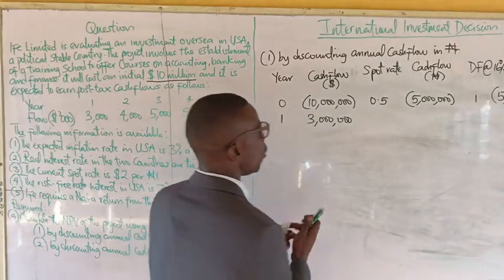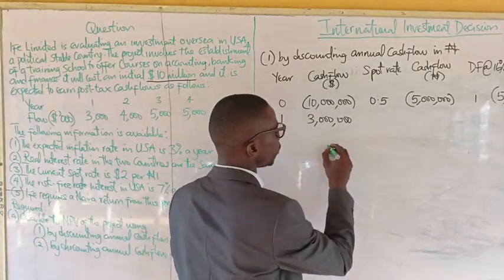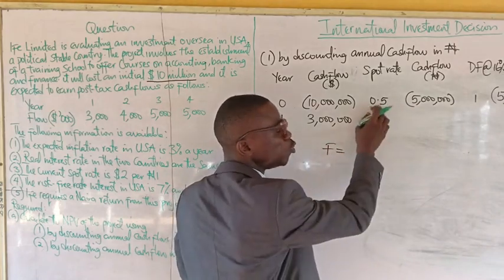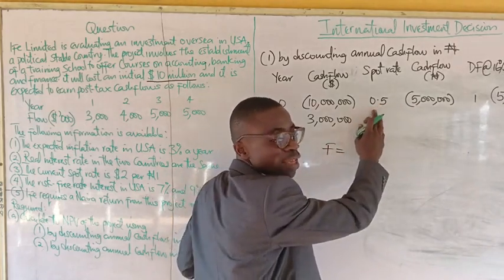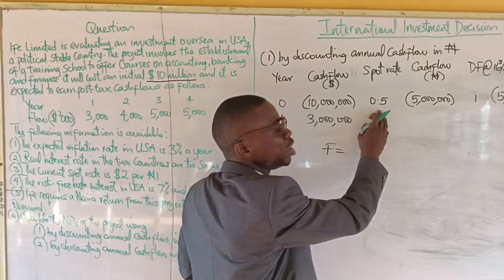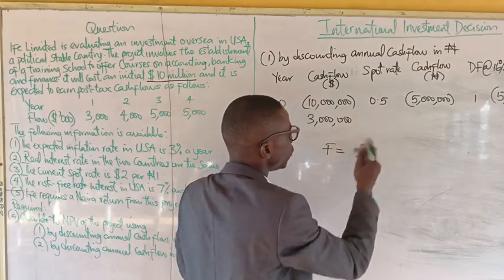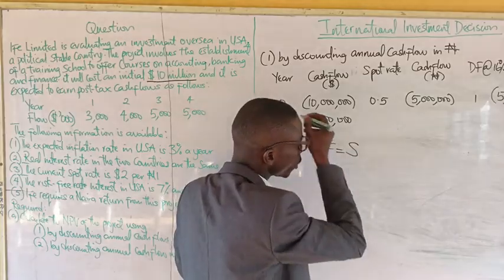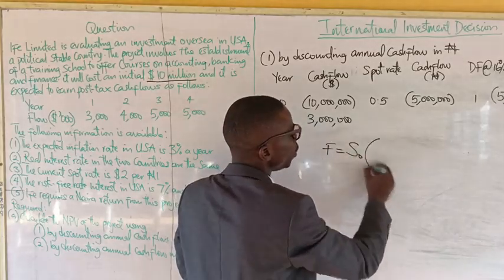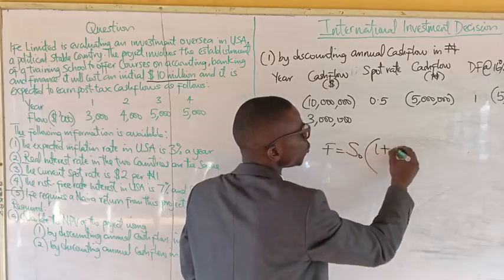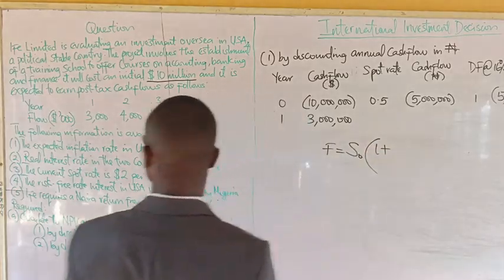So what are we going to use to calculate it? It is direct we are going to use, because the spot rate at year 0 is 0.5, which is calculated using direct. So it will be the spot rate at year 0 in brackets 1 plus the, what did they give us?